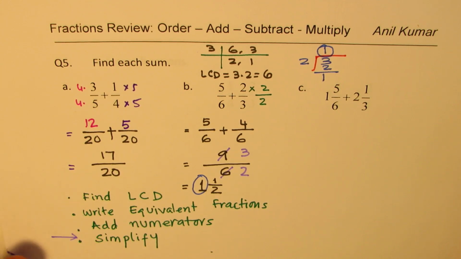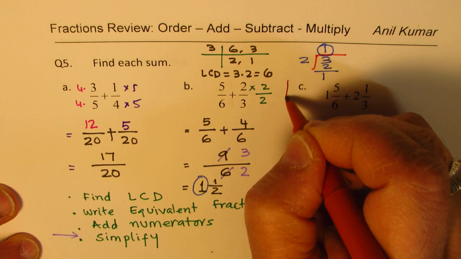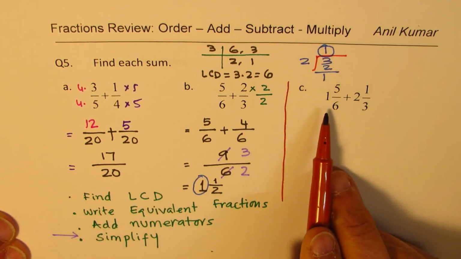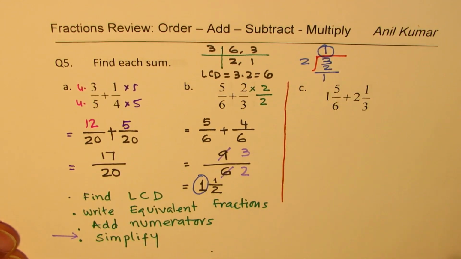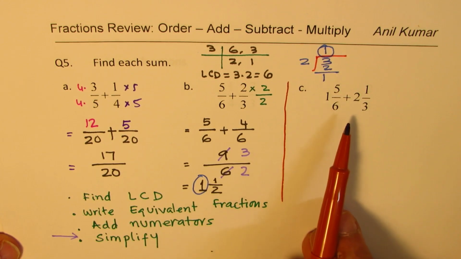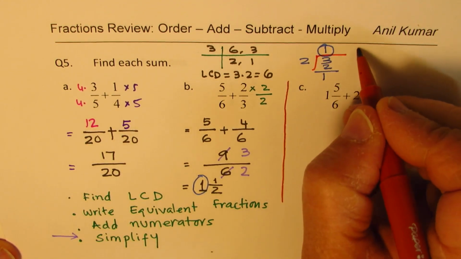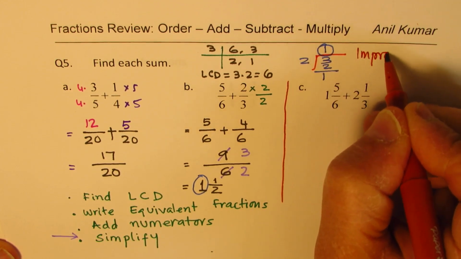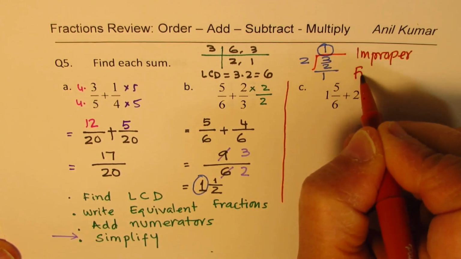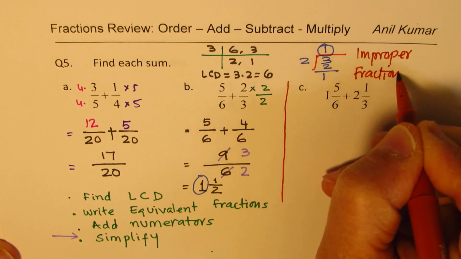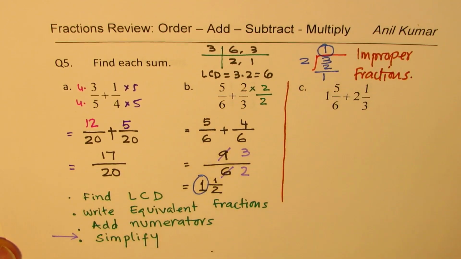So I hope this point is absolutely clear, right? Now this is kind of important since now we are moving into mixed numbers. Now mixed numbers, how do I write them as fractions? Well, they could be written as improper fractions. Okay, so let us see how to write this as an improper fraction.